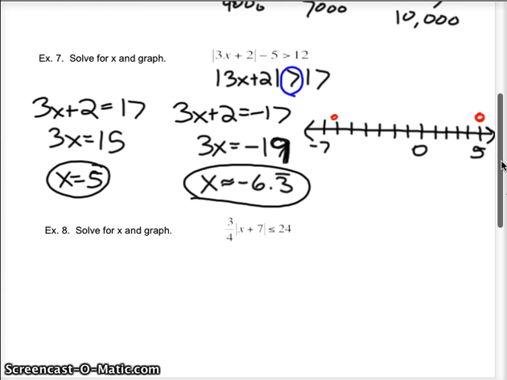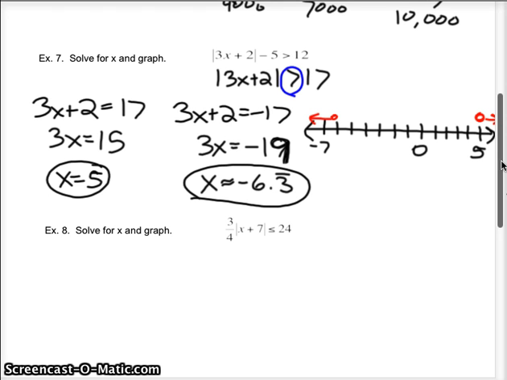Now this one, I want you to notice the difference. The absolute value is greater than that 17, all right? So the absolute value is beyond that number, that radius that we've created, okay? To be greater than that radius, that means this time is going to be going outward, okay? So we get those two endpoints, and we get something that is going out, okay? So what's that telling us?